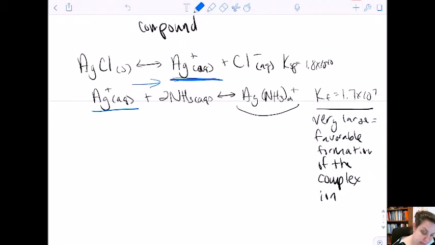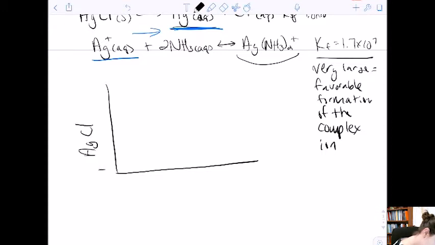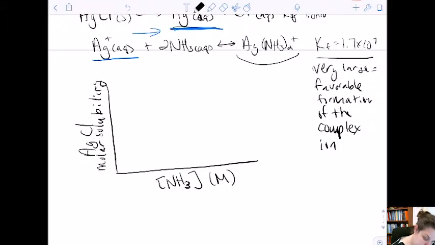So if we're thinking about our molar solubility of AgCl versus NH3 concentration, as we increase our NH3 concentration, we're going to increase our molar solubility of our silver chloride.